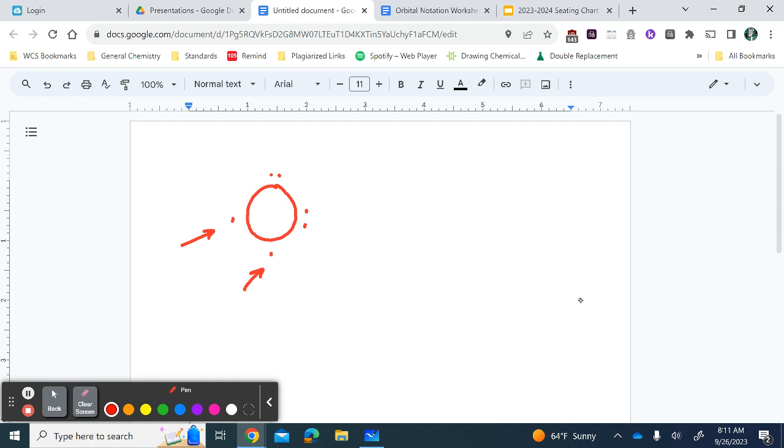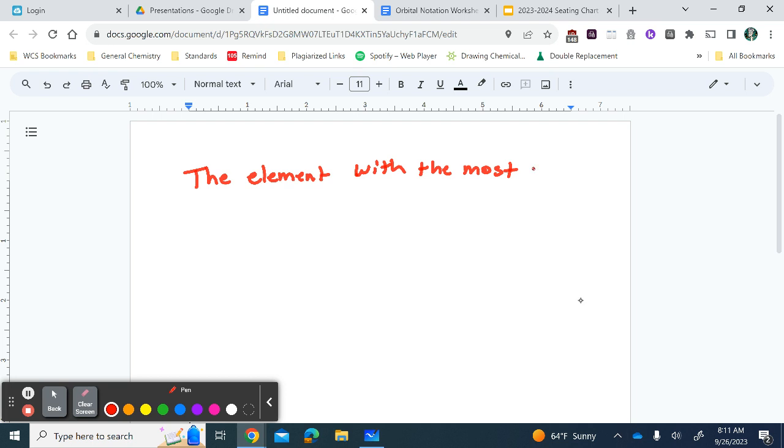That's why when we have a compound like H2O, there are 2 things bonded to the oxygen to form the compound. Now, when we talk about doing chemical bonds with Lewis dot structures, we need to know that the element with the most unpaired electrons will be the central atom.